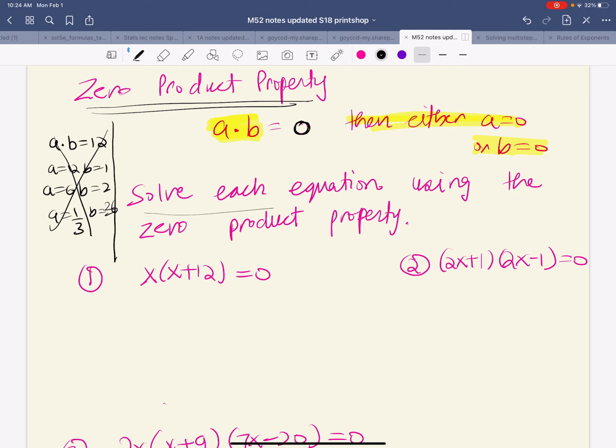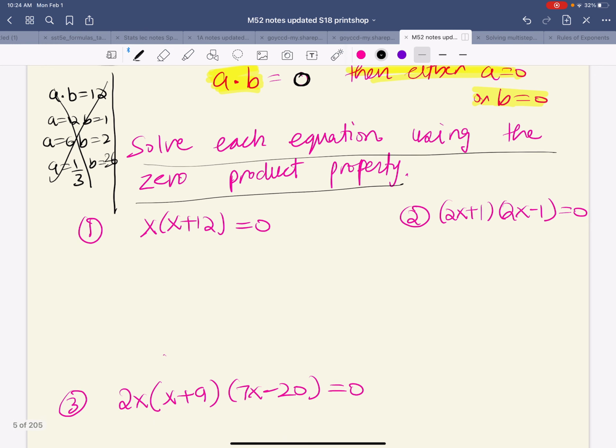So we want to solve some equations using the zero product property. x times x plus 12 equal to 0. We will also be using the GCF technique that we just talked about. Solve each equation using the zero product property. So let's go ahead and use the zero product property here. It says A times B is 0.